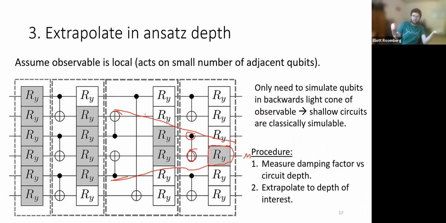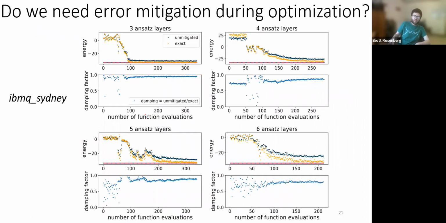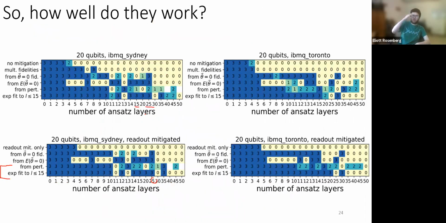So those are kind of different scenarios where you might be able to use these methods. And I guess the goal of this paper wasn't as much to say, okay, here's the error mitigation technique that works best in all situations. Instead, it's trying to get an idea of how deep we can make our circuits.